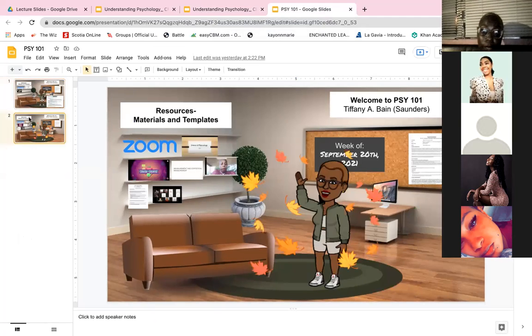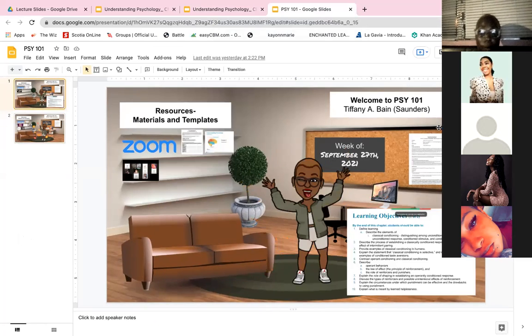This is last week. It says week of September 27th, learning objectives that we've already gone over. Your course syllabus is right here. The link to the Zoom class. This is the rubric for your learning activity. This is the slide from Monday. This is the recording from that class. They all live in this one slide. You can go there to access all of the materials.